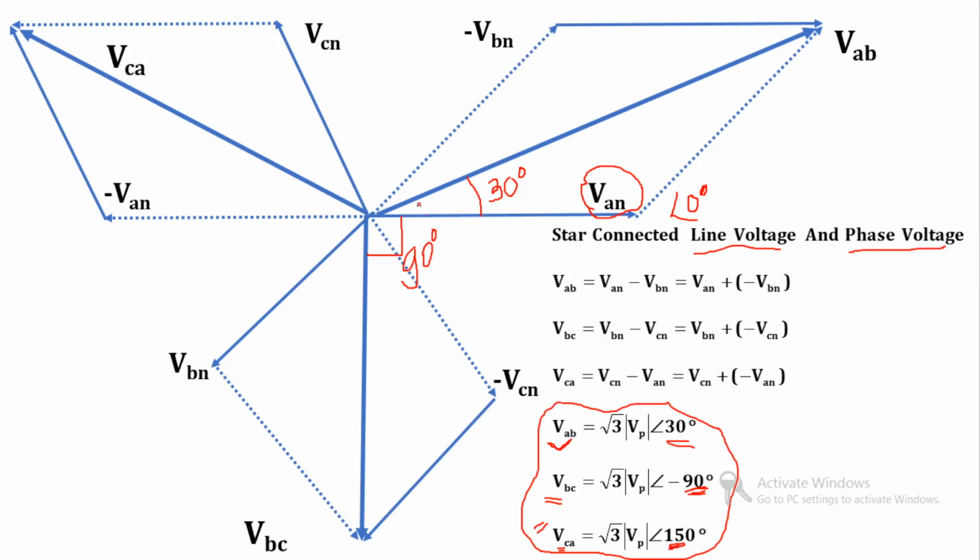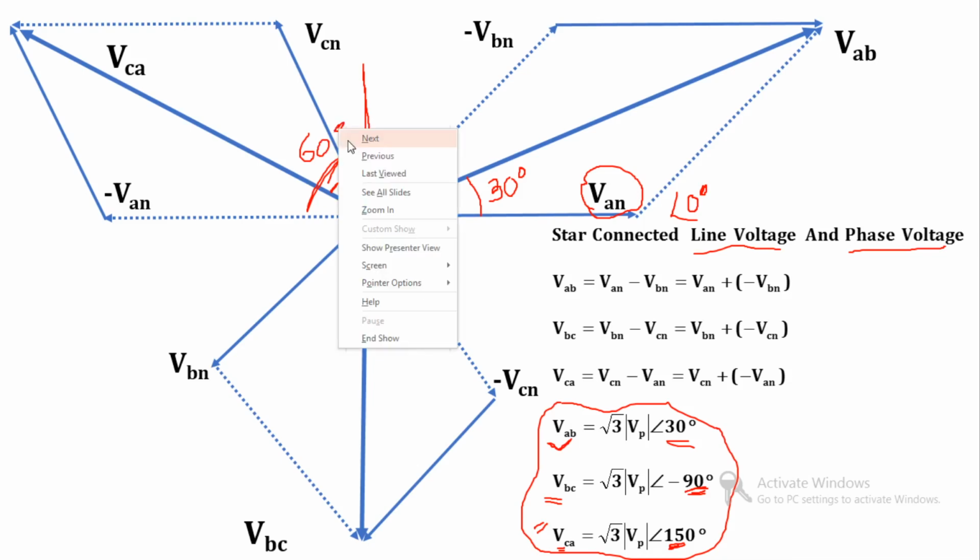So you can see that this angle is 150 degree, because you can see over here that this is the line of plus 90 degree and this is almost equal to 60 degree. So 90 plus 60 is equal to 150 degree.